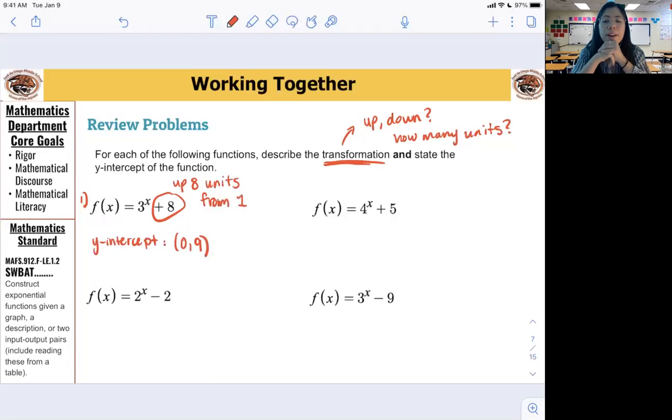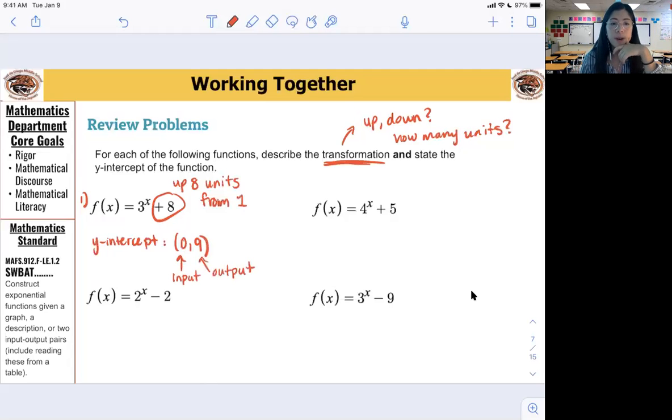If I'm looking for the y-intercept, do you plug in 0? What do you guys think? The y-intercept, what is the y-intercept on a graph? Look at the one we just got. We have (0, 9). So heck yeah, that's what you do. You plug in 0. This is my input, and that's my output.